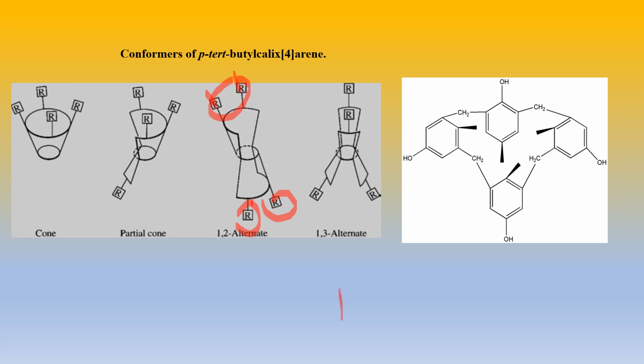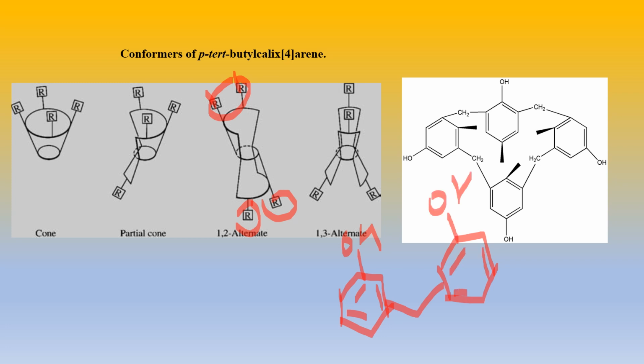For example, if I am drawing for 1,2-alternate, here I am putting one OH, another OH upwards. Now I am going to draw for another one.